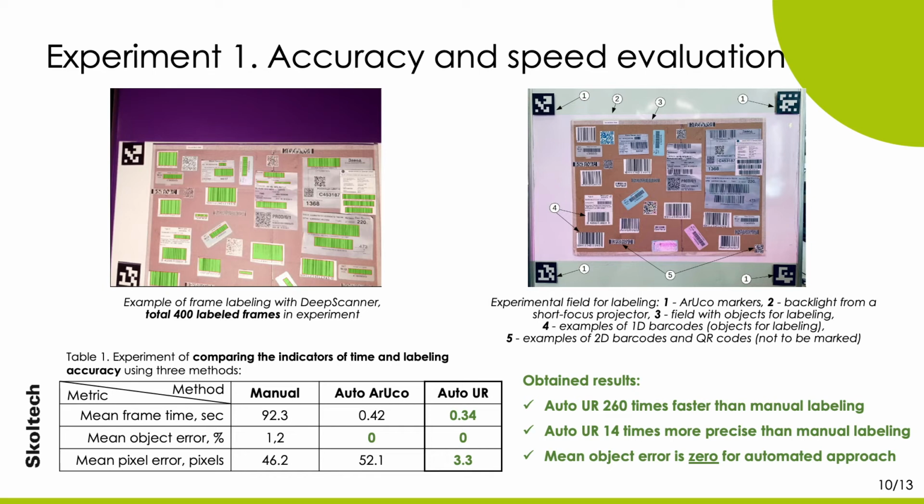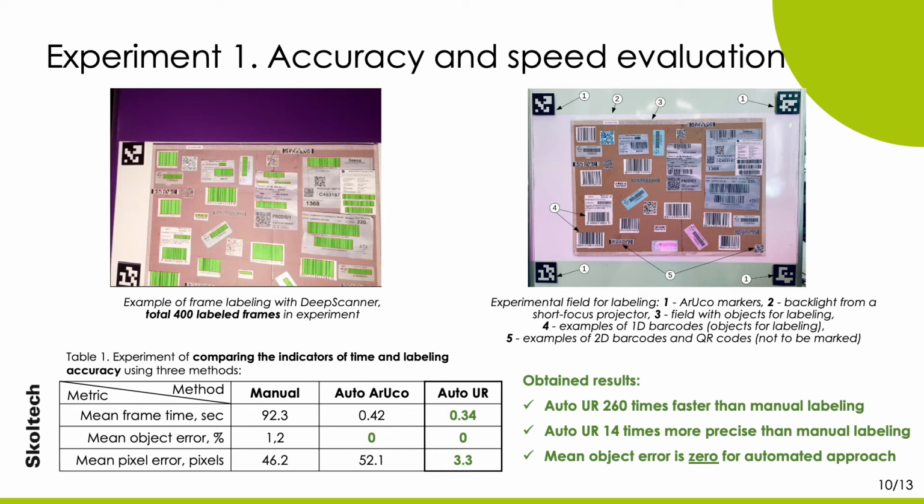To compare different approaches of data labeling, the following three metrics were selected. First is mean frame time, the time spent labeling a single frame. For automated labeling, the time spent on labeling the first frame is evenly distributed to all labeled frames. The next metric is mean object error. It is the percent of unlabeled or incorrectly placed objects in the image for the entire sample.